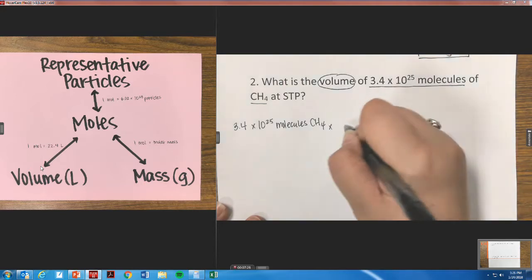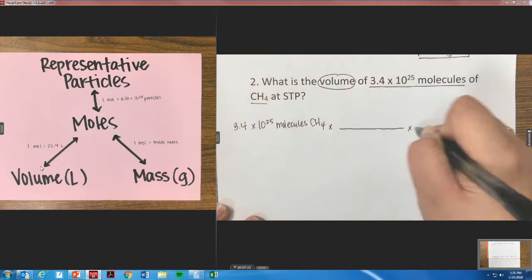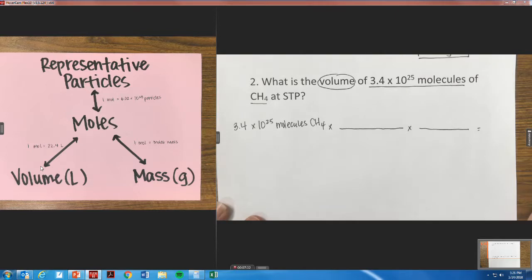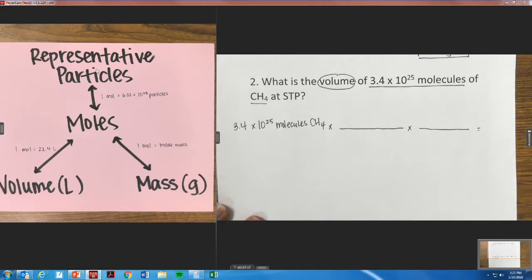Okay, and then again, we said that there's already 2 conversion factors. Your first conversion factor, we start at particles, so our first conversion factor is 1 mole equals 6.02 times 10 to the 23rd particles. So how do you know which one goes on top and which one goes on bottom?